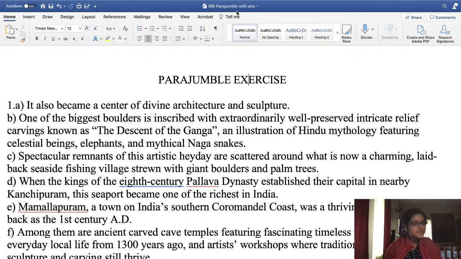Sentence F introduces the concept of carvings. And look at B. B tells you we have another example of a boulder where we have the carving of the descent of Ganga etched on it. So F introduces the fact that these boulders have carvings in them, and B tells you more about one particular carving done on a boulder. It is about the descent of Ganga.